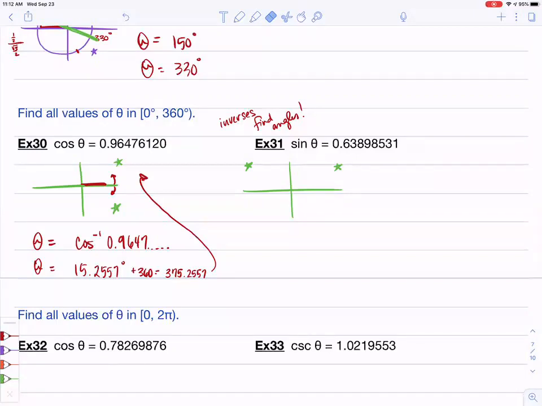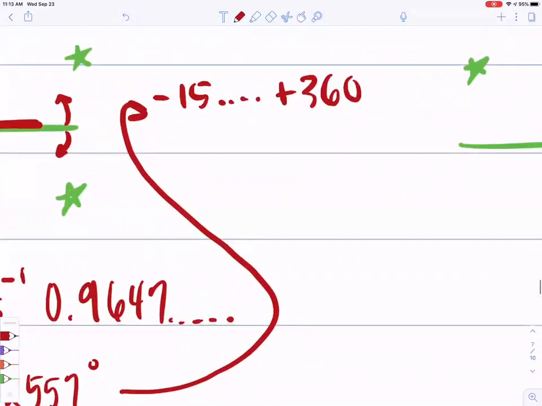You can do 360 minus that answer, which is the same thing as doing negative 15 plus the whole circle, 360. So I have negative 15 blah blah plus 360. Now what does that give me? 0.74.